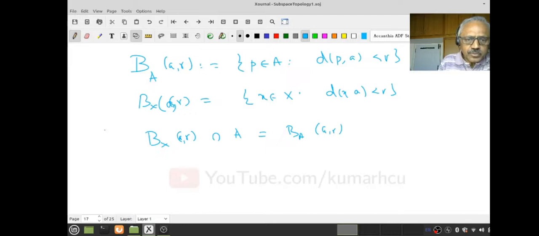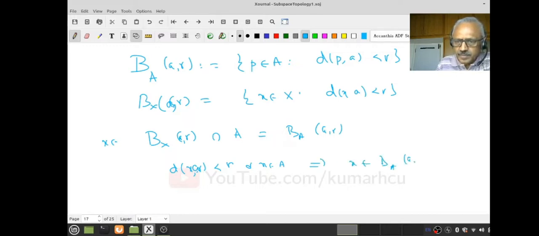Because suppose x belongs to this set, that means the distance between x and a is less than r, and x belongs to A. But remember that is the same as x belongs to A and the distance between x and a is less than r. This implies x belongs to B_A(a, r), right?